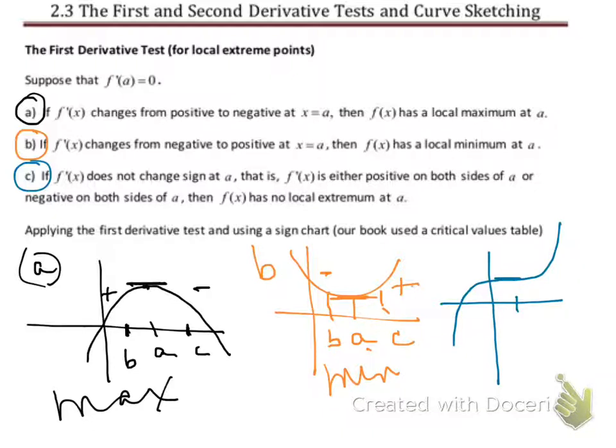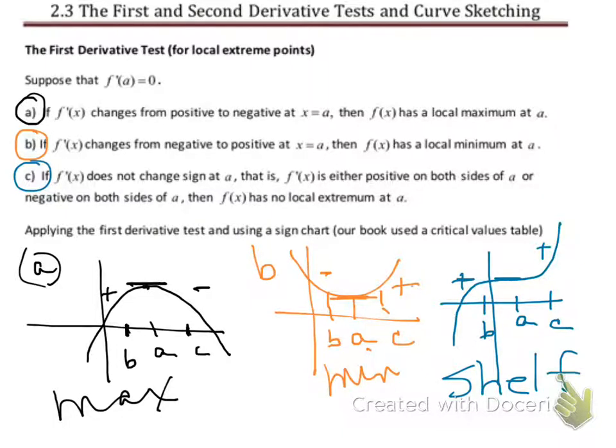Right here at A, my slope is 0. If I test to the other side of A, at B, my slope is positive. If I test to the right of A at C, my slope is also positive. So I have discovered a shelf.